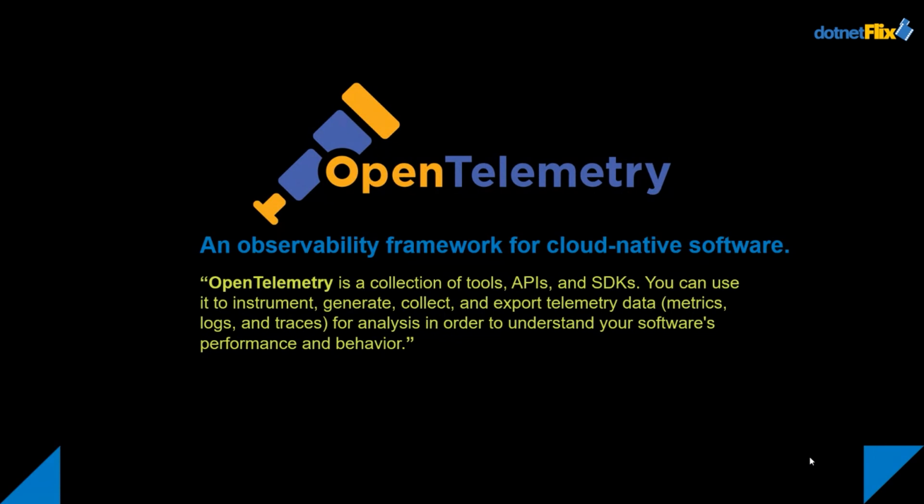OpenTelemetry itself is an observability framework for cloud-native software, meaning it is a new standard with which different technology stacks can communicate with each other using the same standards, the same frameworks, same tools, APIs, and all that great stuff. It is an interoperable framework for tracking metrics, but also logging and traces and all sorts of observability functionality.